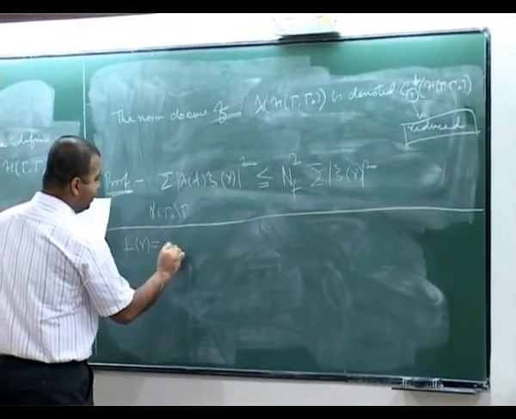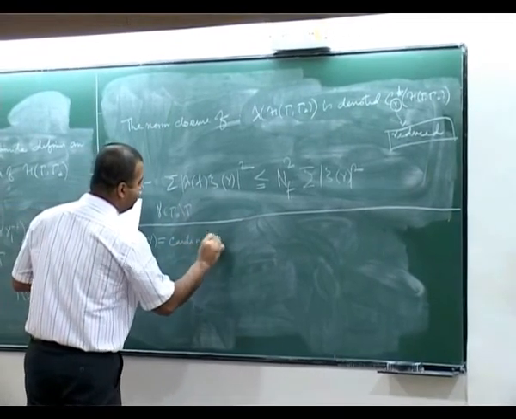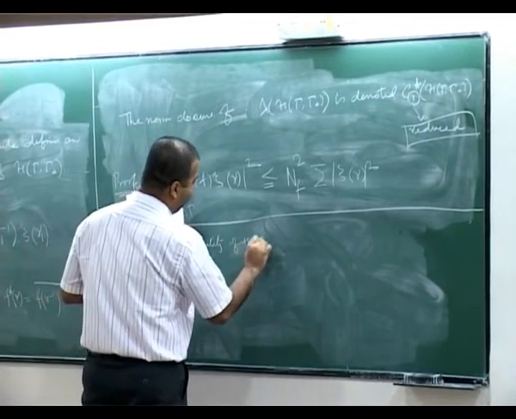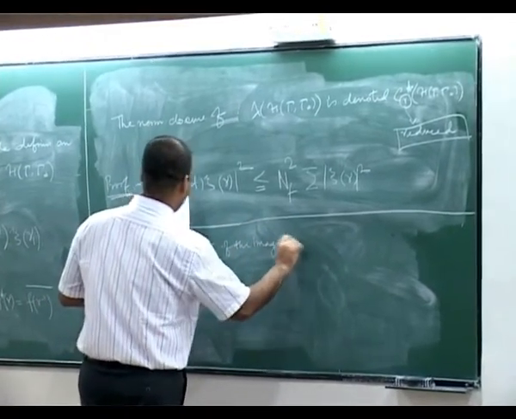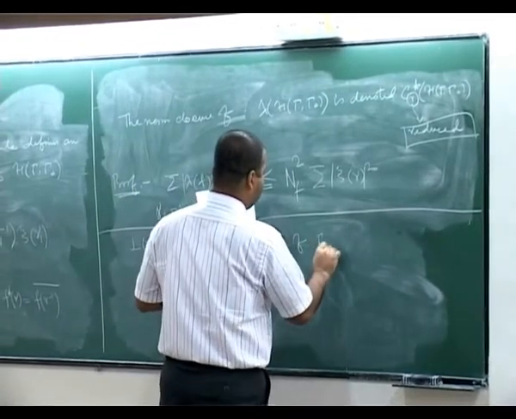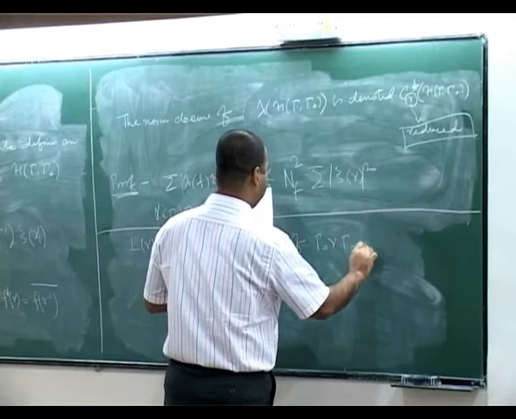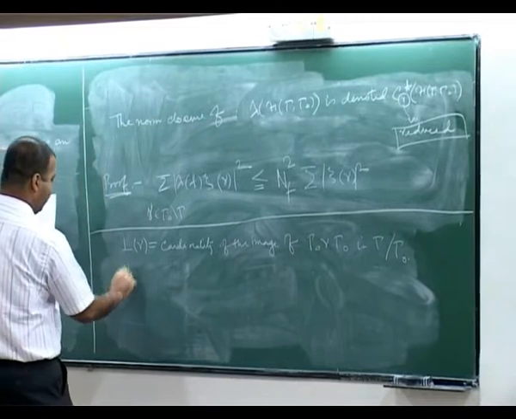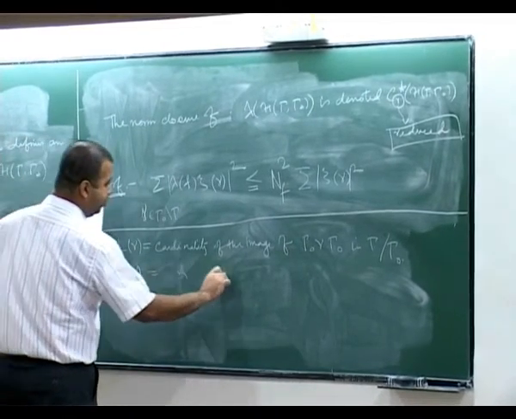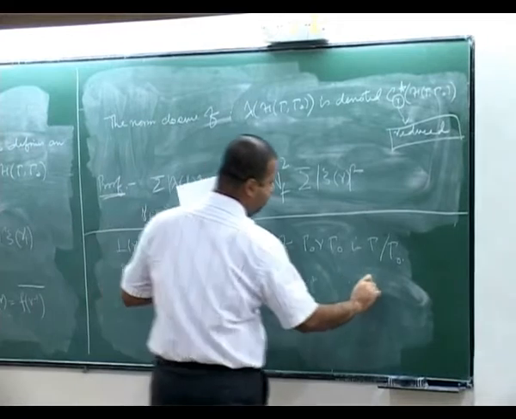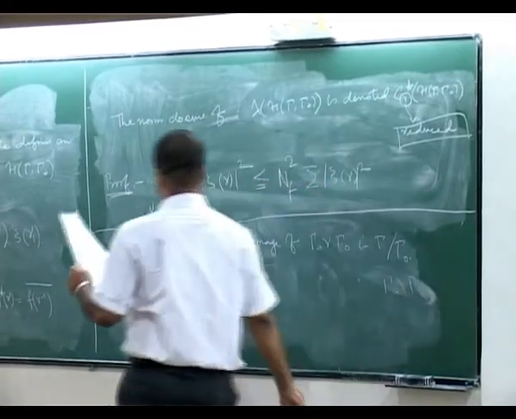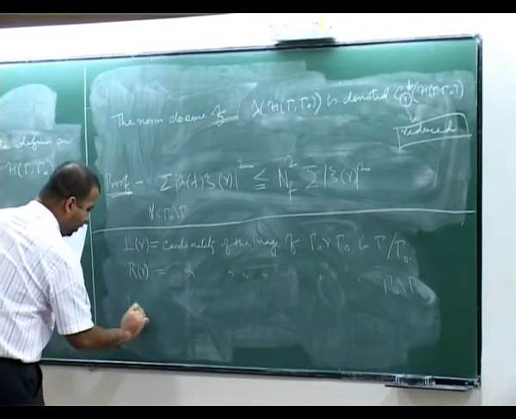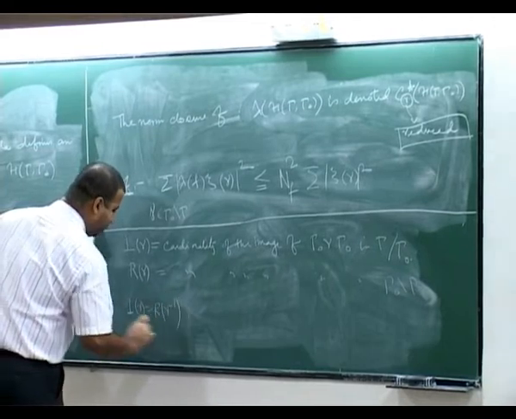L gamma is the cardinality of the image of gamma naught, gamma naught in gamma over gamma naught, and similarly R gamma. So all along we are decomposing double cosets in terms of left and right cosets. Then of course they take natural numbers as their values, and L gamma equals R gamma inverse.